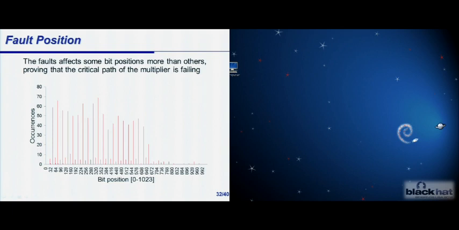We had to try 1,024 different positions. We didn't find faults to be everywhere. There are positions that tend to be the ones with the fault and lots of positions that do not. In practice, about 40 positions out of 1,024 tend to have faults. So this chart shows how different bit positions have a different number of occurrences of the fault.